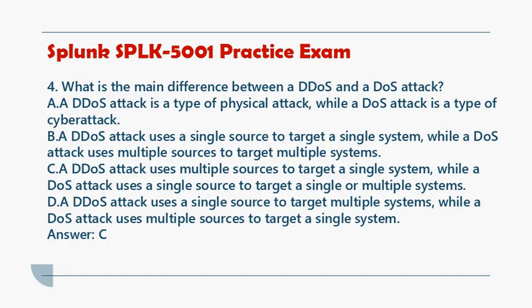C. A DDoS attack uses multiple sources to target a single system, while a DOS attack uses a single source to target a single or multiple systems. D. A DDoS attack uses a single source to target multiple systems, while a DOS attack uses multiple sources to target a single system. Answer: C.